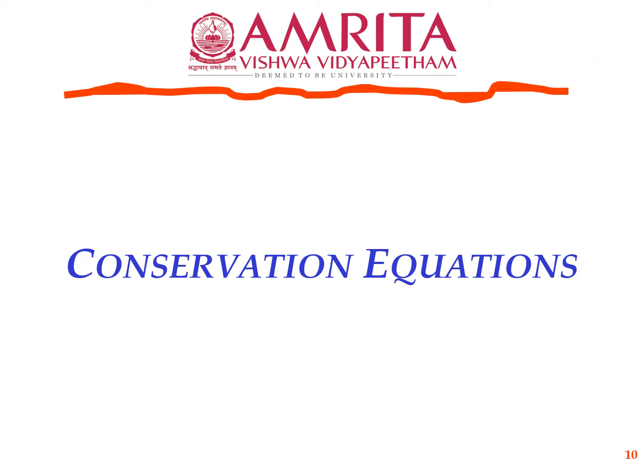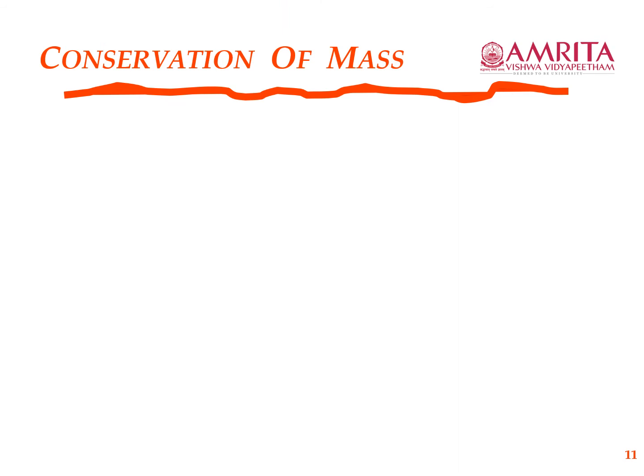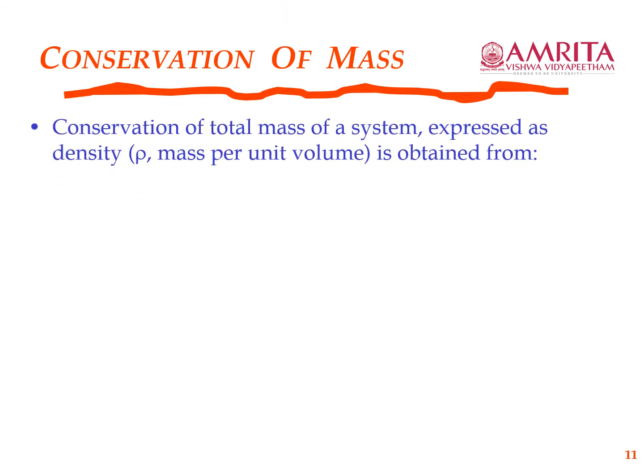Now let us move on to the conservation equations themselves. If you were to look at conservation of overall mass, you are expressing the total mass of the system as mass per unit volume. Expressed as density, you are looking at it, in thermodynamic parlance, as an intrinsic quantity rather than an extrinsic quantity. So it doesn't have anything to do with system size.